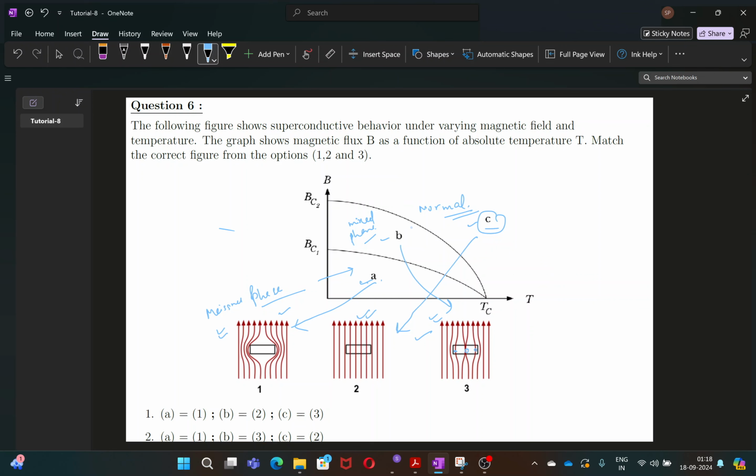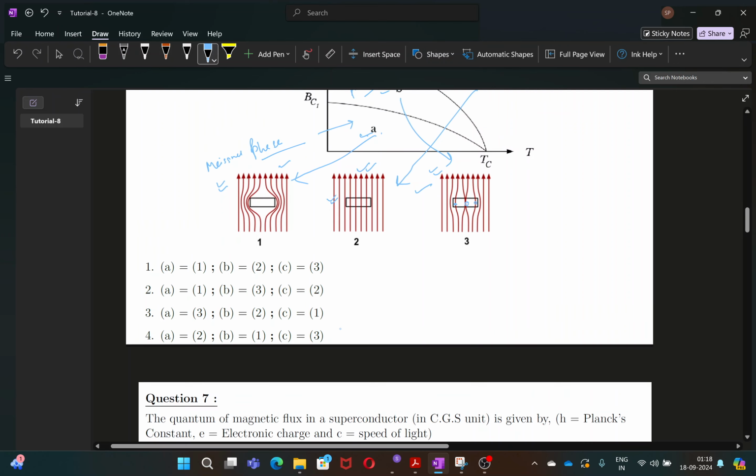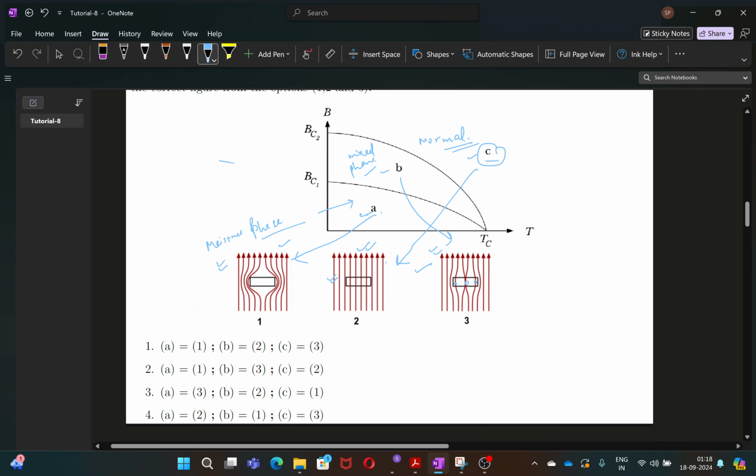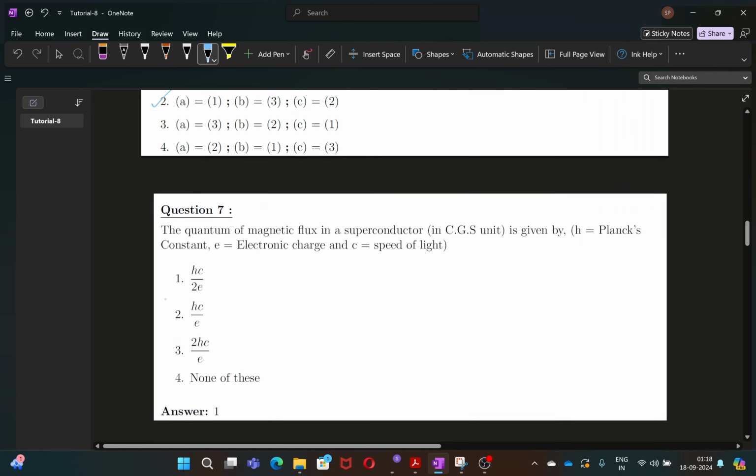It will be a completely normal state, and the picture will be looking like this. All the field lines are penetrating uniformly through the sample as it was doing in the outside regime. So the option will be A equal to 1, B equal to 3, and C equal to 2. So this option number 2 is right.